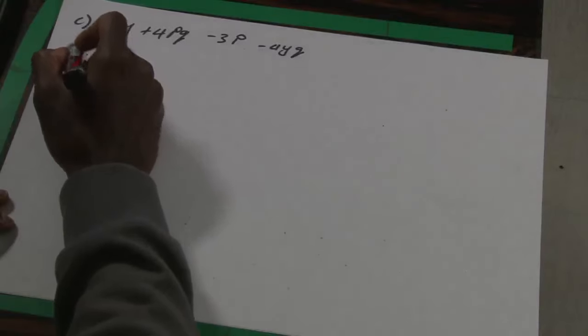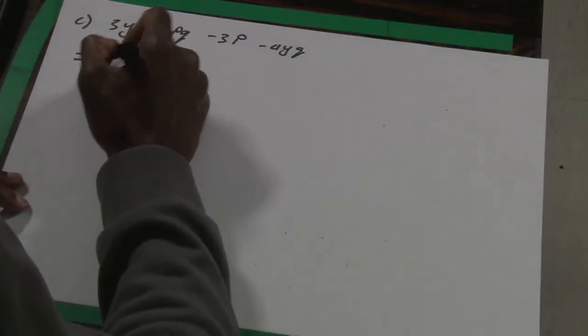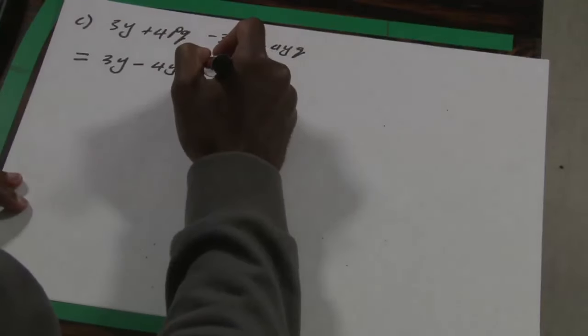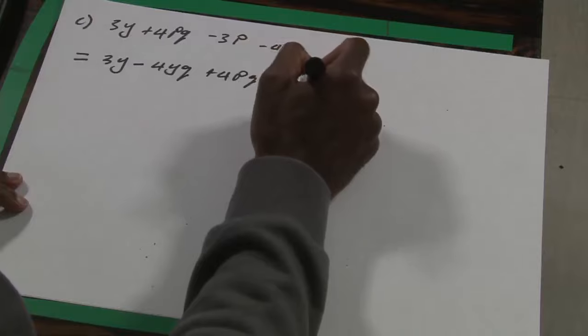Okay, and therefore, for example, the first term contains y, and the last term also contains y. And therefore, we can write this as 3y minus 4yq, and then we have plus 4pq minus 3p.